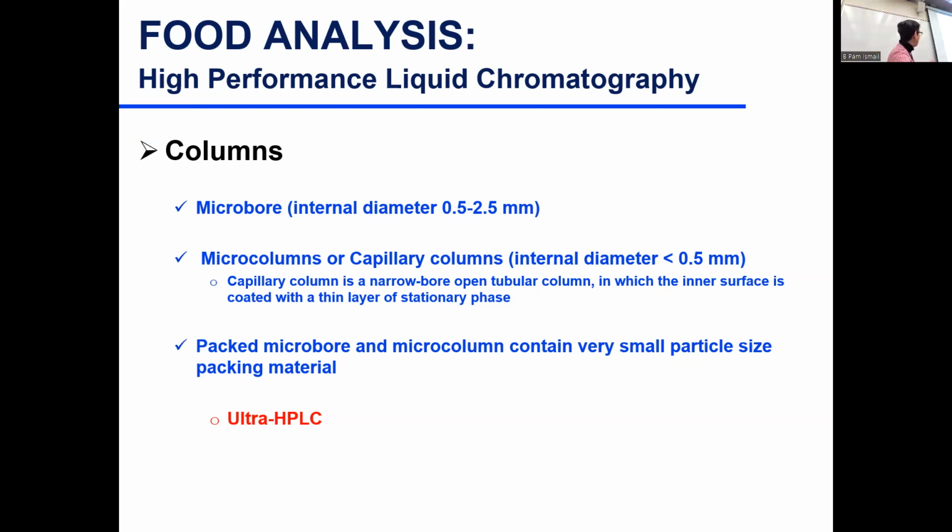Packed microbore and microcolumns contain, so HPLC columns in general have very small particle size, and you want to always have very small pores as well, the smallest possible depending on your compound, so you have very sharp bands going and you don't have diffusion in the stationary phase, rather than going in and out and equilibrating fast.